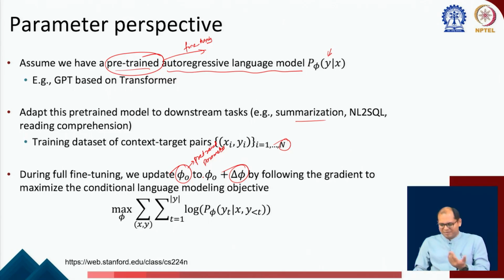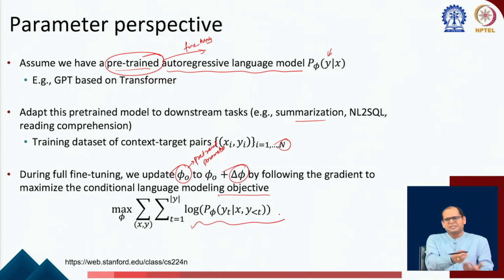I will have to maximize the language modeling probability, or whatever objective or loss I have, so that I can find the new parameters that work for that particular task. So I want to find the parameters that maximize the log probability of the next token in the case of GPT kind of models. This is the way we fine tune them, increasing the probability of the next token given the previous input. So that's what we do in fine tuning.